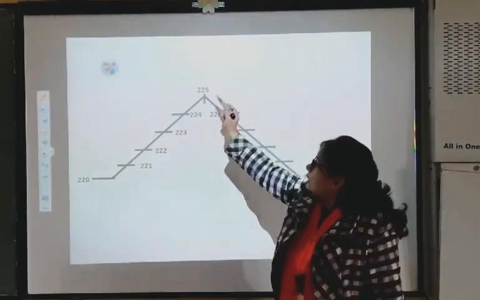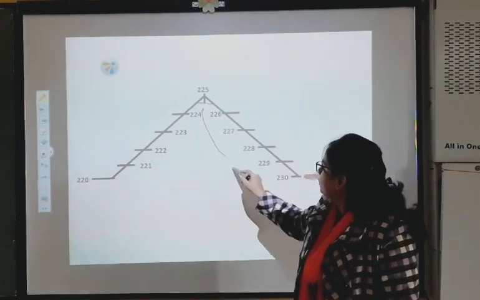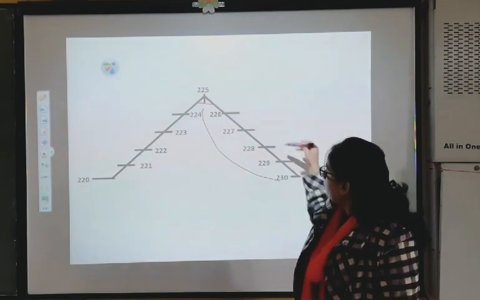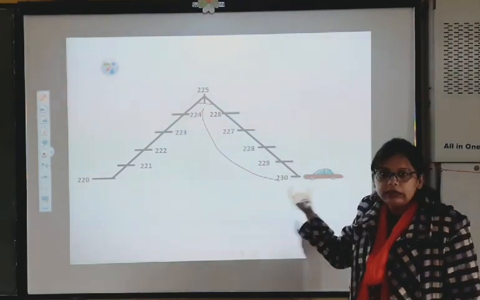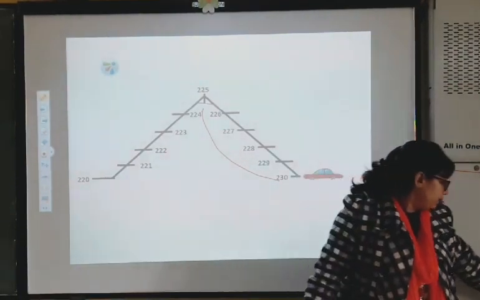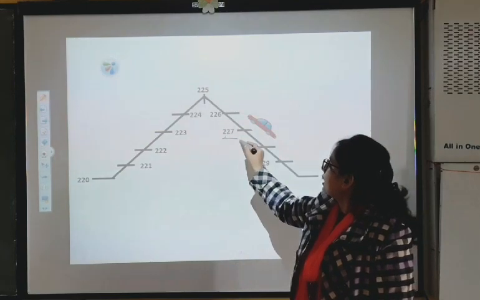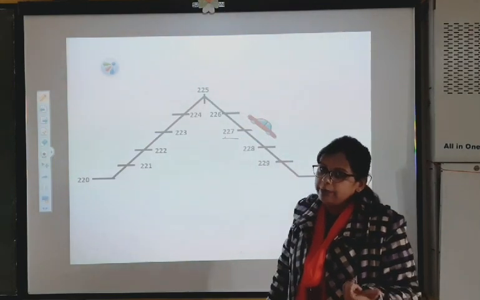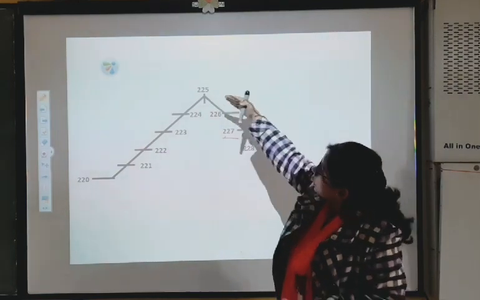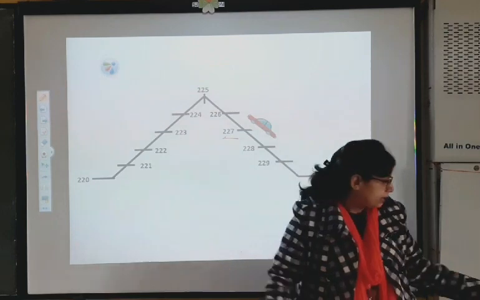Now children, if the toy car is on 225, it will slip down from the front side and come to 230. Okay. Now next example, if the toy car is on 227, what will happen? Yes, of course, it will again slip down. It will not go upward. It will slip down and come to 230.